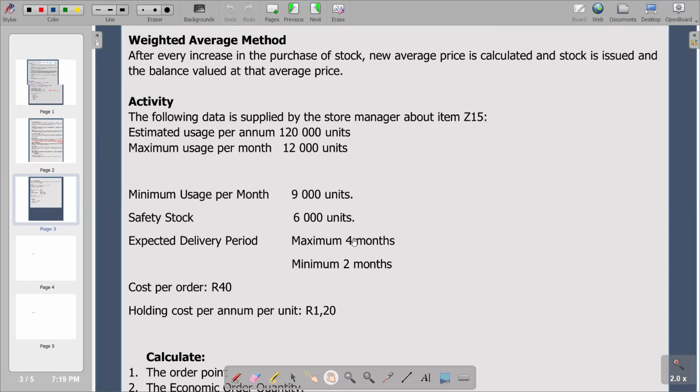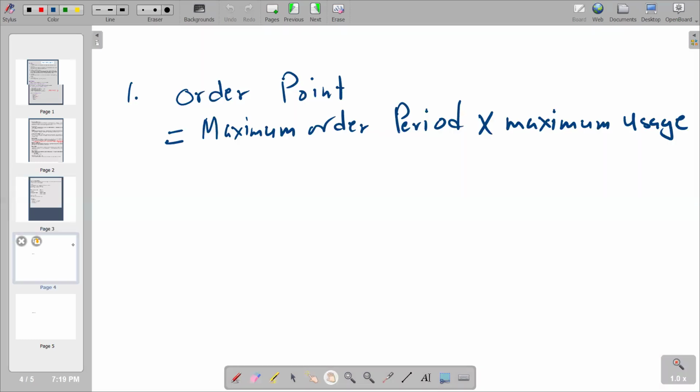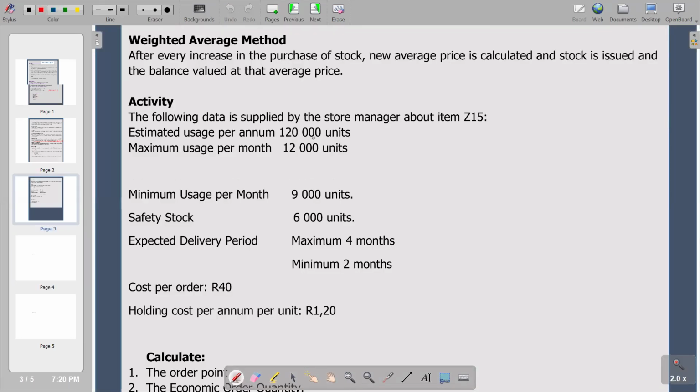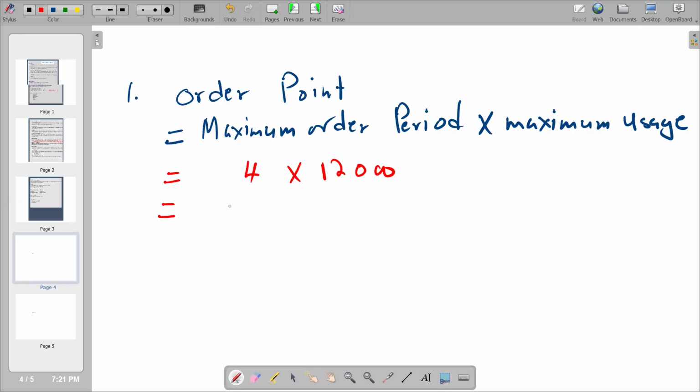So the maximum that we have is 4, and we are going to use 4 as maximum. We substitute the 4, and the maximum usage per month becomes 4,000. So the answer that we get is 8,000.